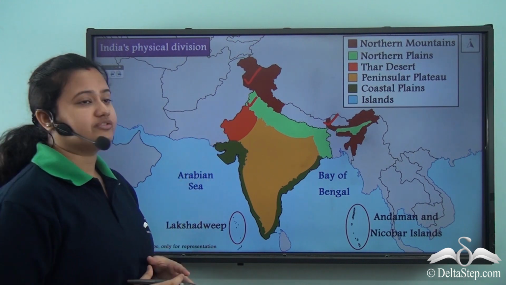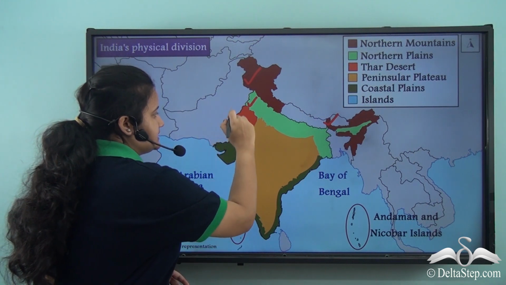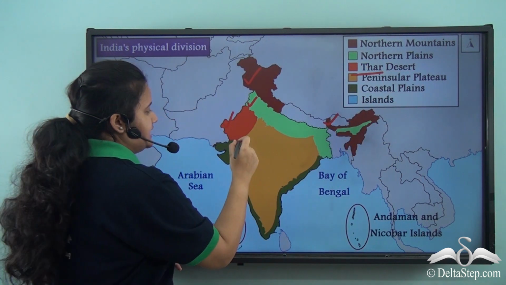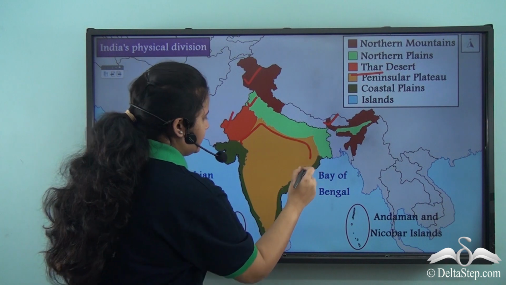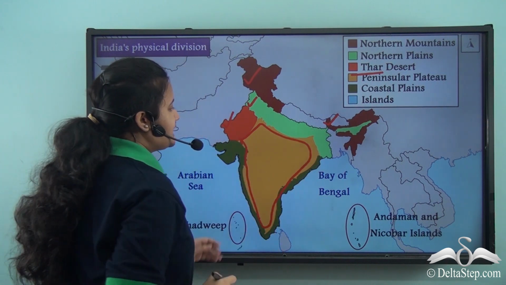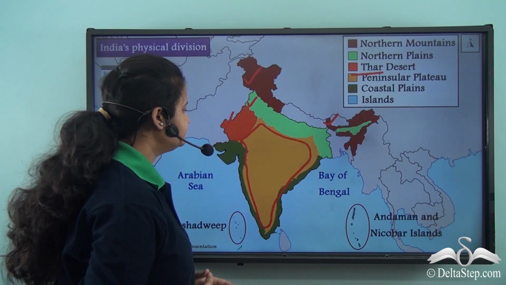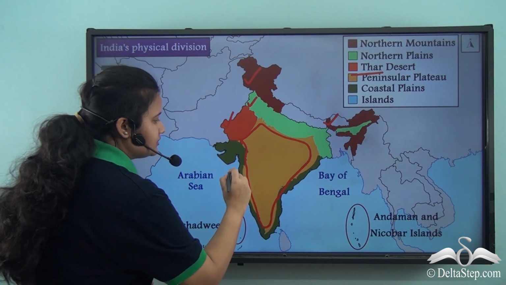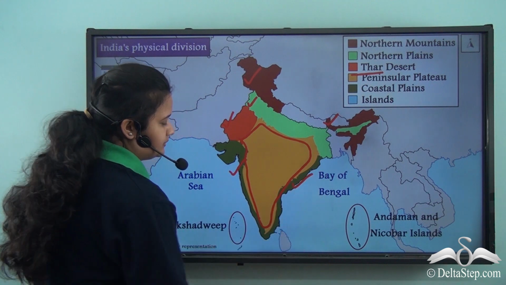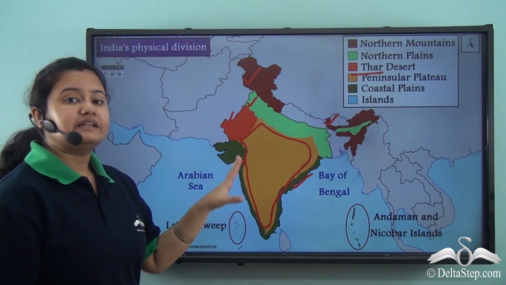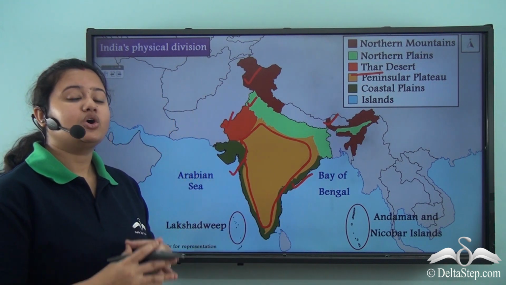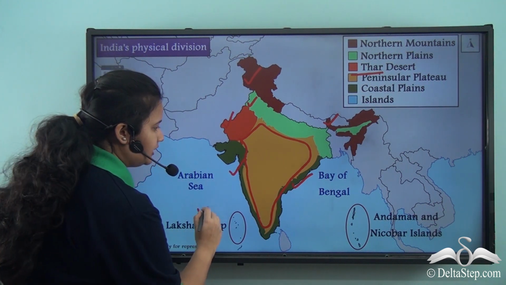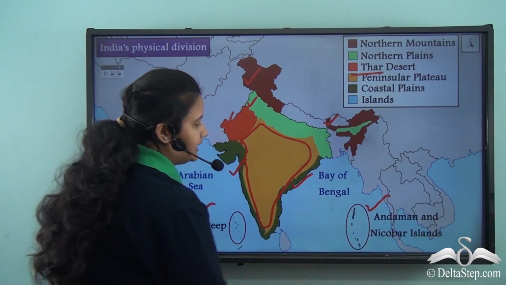The western part of the country is actually a desert, and it is known as Thar desert. The central and southern part of India is known as Peninsular plateau. The Peninsular plateau is bordered by western coastal plains and eastern coastal plains. Apart from these physical divisions, India also consists of 2 groups of islands, Lakshadweep and Andaman and Nicobar Islands.